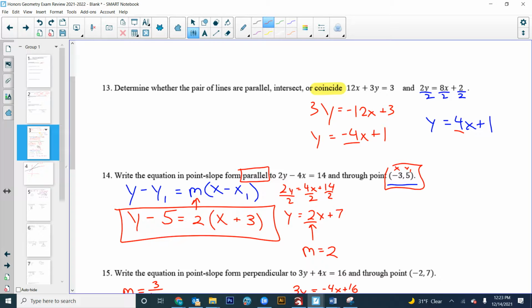No. So right there, not parallel, not coincide. Why? Because coinciding lines have to have the same slope and the same y-intercept. They're actually the exact same line. So this one we would just say intersect. Are you with me? Be honest. Are you guys okay with that?